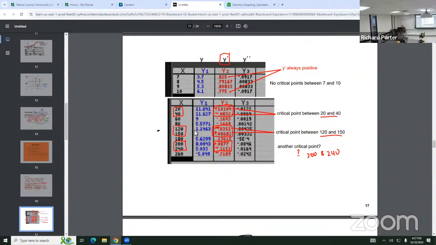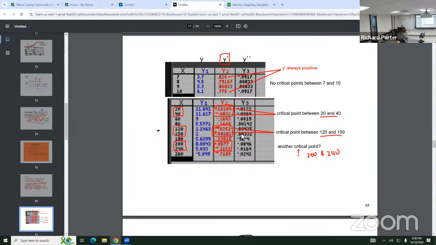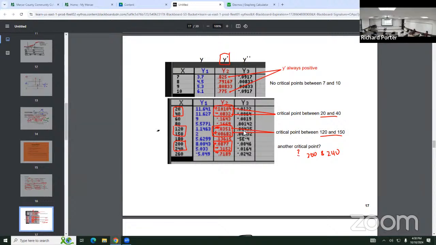Look at between 120 and 150 on the X. You see how the derivatives are going from negative to positive. And you see the second derivative is positive. So either the first derivative test or the second derivative test tells you what's happening. It's concave up. Is it a maximum or a minimum?